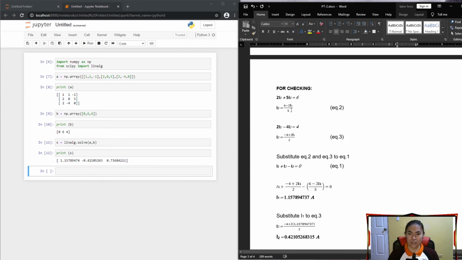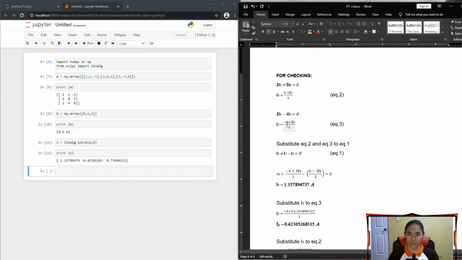So, ang una natin gagawin is to use the two equations, equation 2 and equation 3. So, i-simplify lang natin siya into this form para madali natin siyang i-substitute mamaya sa ating equation 1. Ganun rin for equation 3.